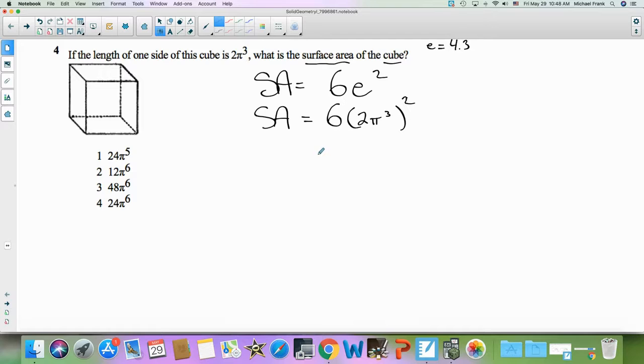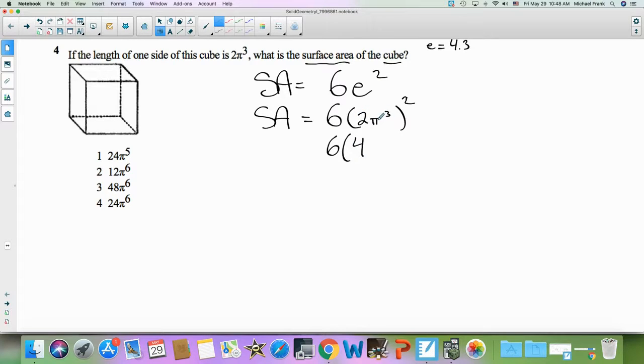To the second power. All right, well, here is something that's interesting. We're going to take 2π³ and raise it to the second power. You can see all the answers are in terms of pi, so you can't just put that in the calculator. But you do have to remember something. When you square, this coefficient is just going to be a normal square. 2 squared is 4.